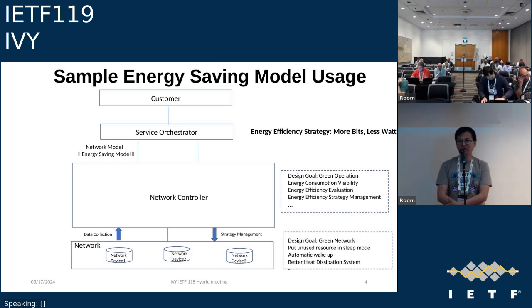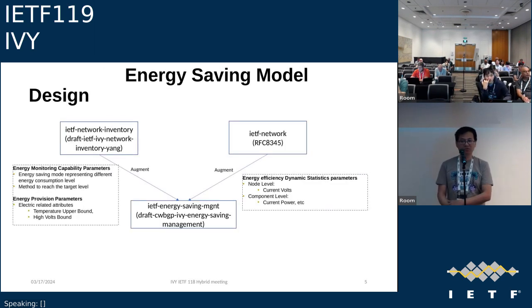Also, for many devices, especially some power modules, they have some kind of heat dissipation mechanism that we can leverage. So the idea is really that we consume fewer watts and spend more bits, to achieve better energy efficiency.